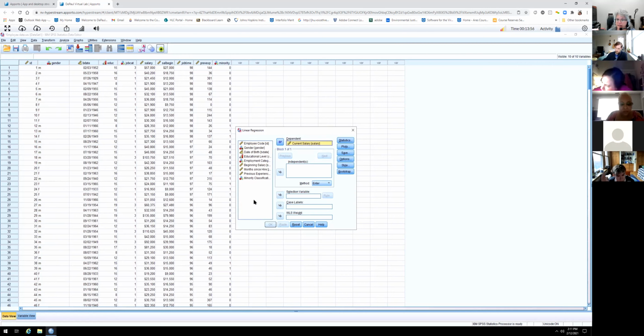All right, and next it's asking here for our independent variables. Those were the research questions that I generated. By the way, all of this is written down when we go over to D2L, so don't feel like you have to write all this down. We're going to jump over there in a second. Education level. What else?